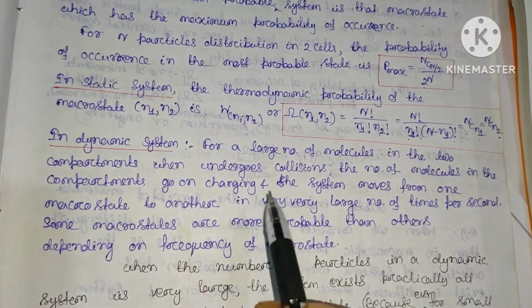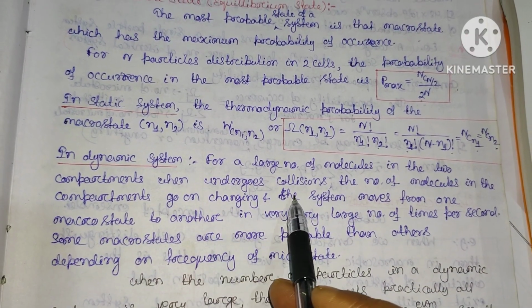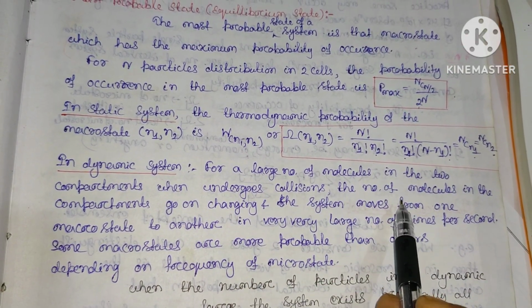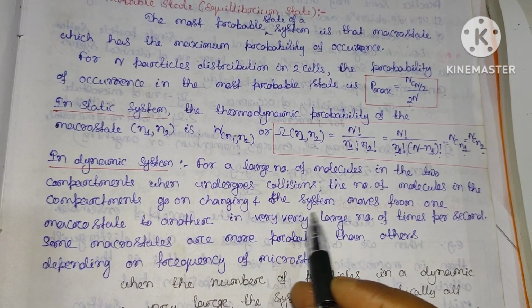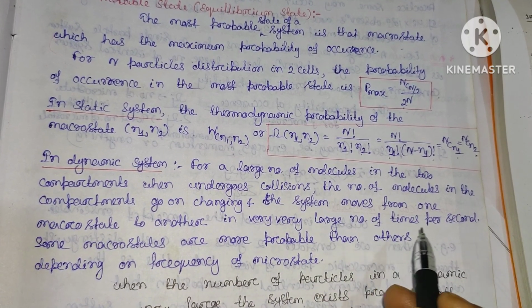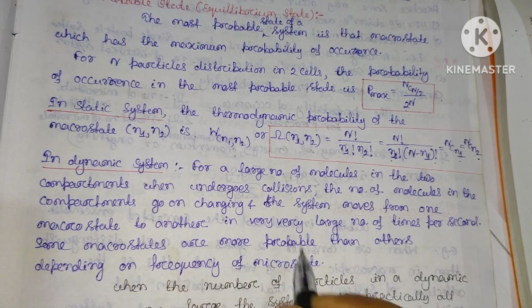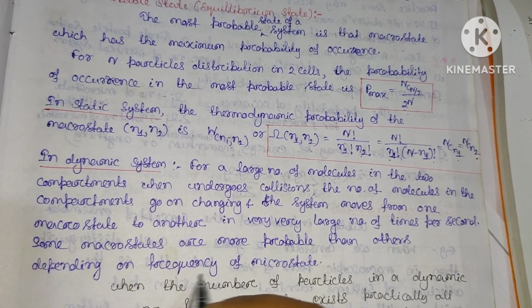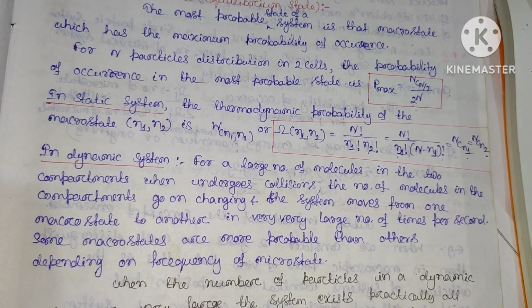In a dynamic system, for a large number of molecules in the two compartments, when they undergo collisions, the number of molecules in each compartment keeps changing, and the system moves from one macrostate to another a very large number of times per second. Some macrostates are more probable than others, depending on the frequency of the microstate; frequency means the number of times of occurring.